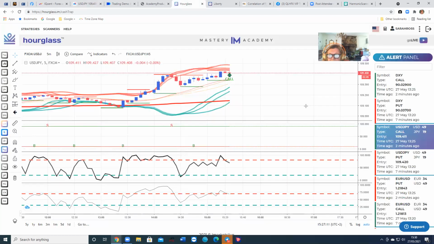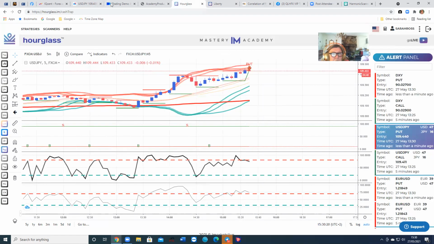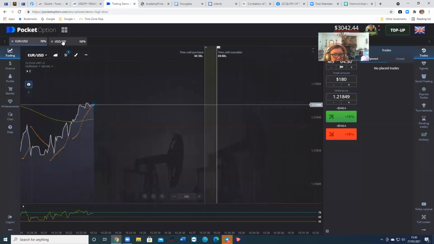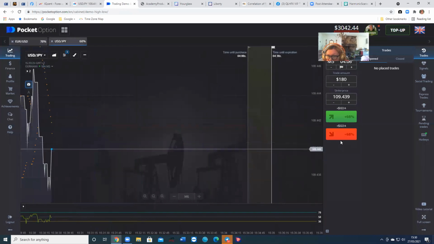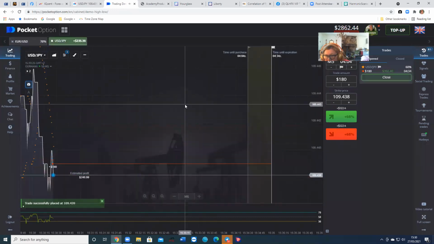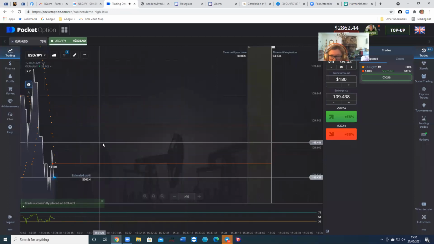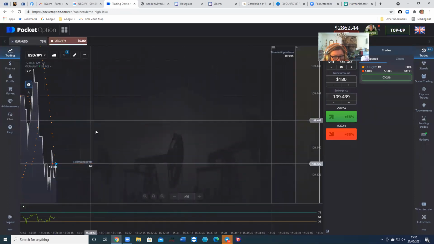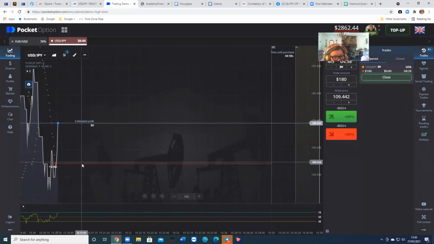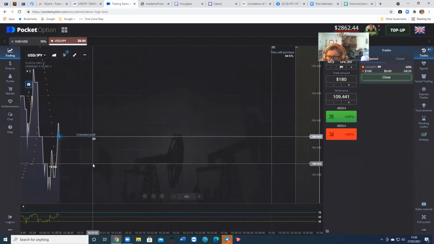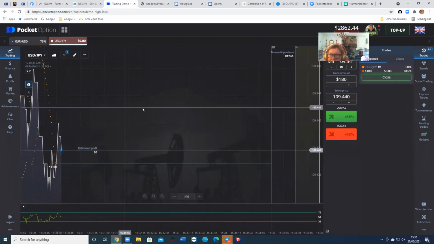Where is it on HourGlass? It says a put at 440. UJ, it's at 44. I've got a very bad entry. Do you see how fast that moved? It's at 443. I tried to get 440 and it shot down to 439, but I wouldn't have pressed the button as quickly as that if I'd been on a real account.